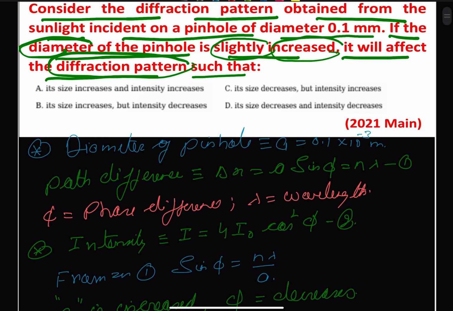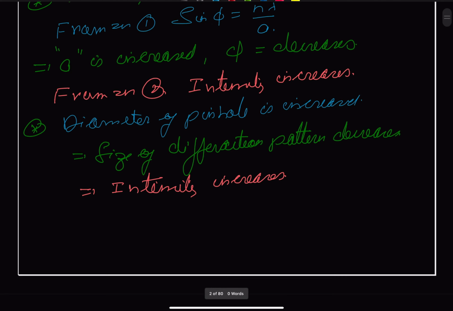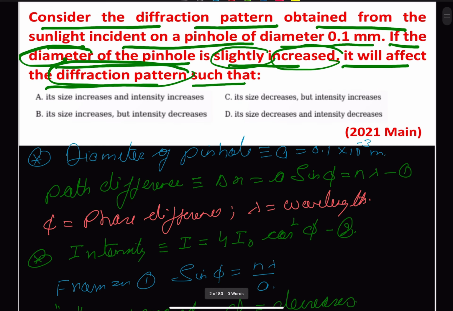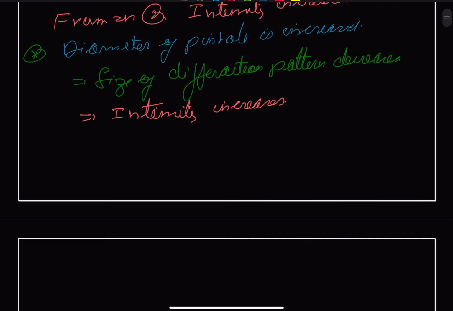Therefore, we can say that there is an increase in the intensity and the pattern decreases. So size is going to decrease and intensity is going to increase. So option number C is the correct one. Option C is correct.